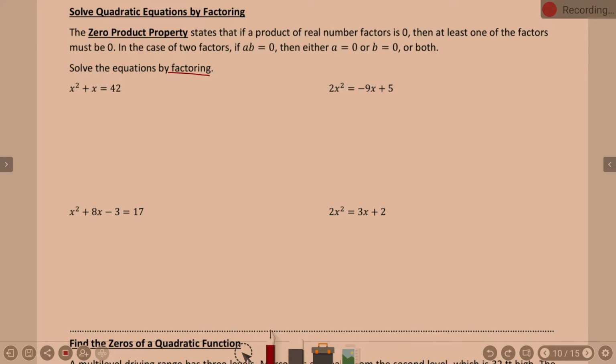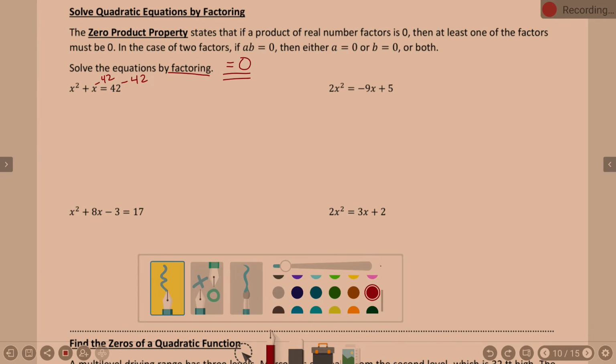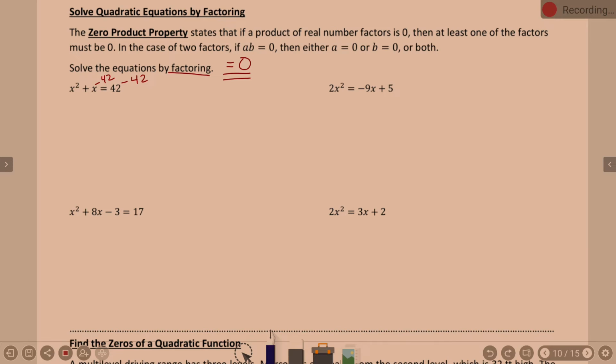No. So what do I need to do to this equation? Subtract 42, in an effort to make my equation equal 0. First step has to be make your equation equal to 0. In this case, that does mean subtracting 42. So I'm going to have x squared plus x minus 42 equals 0.